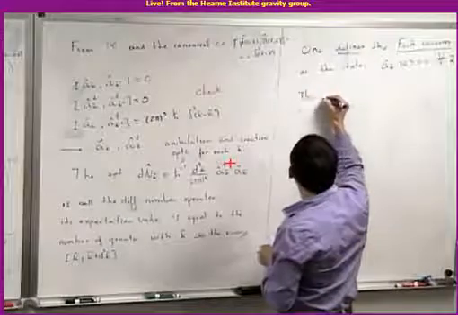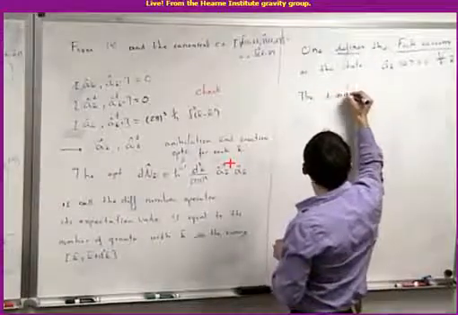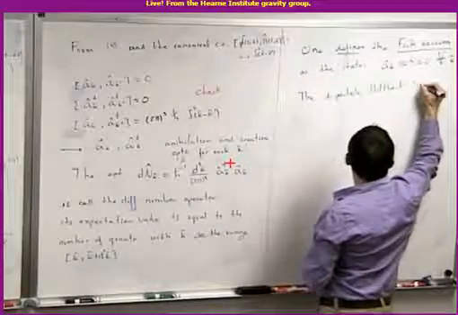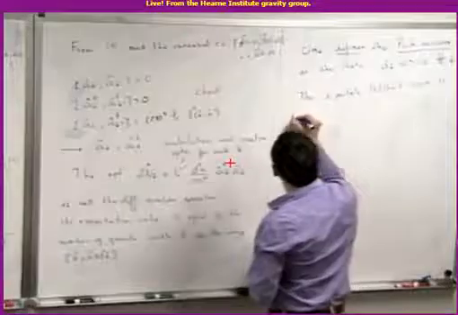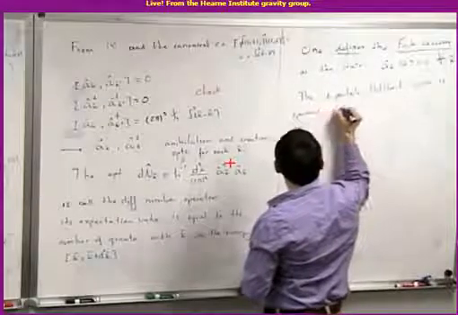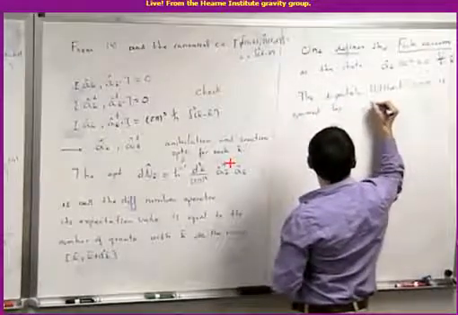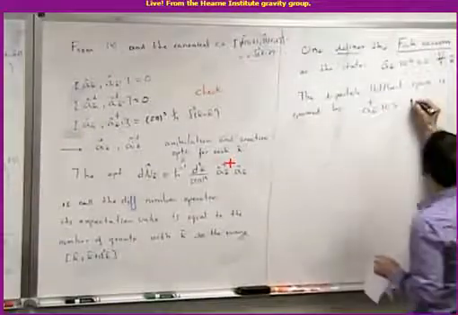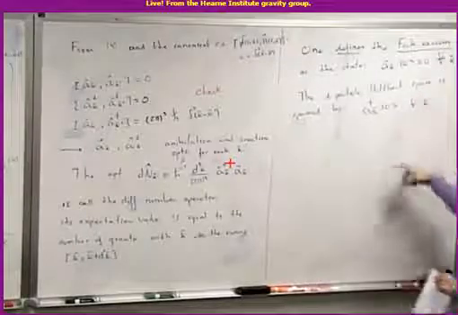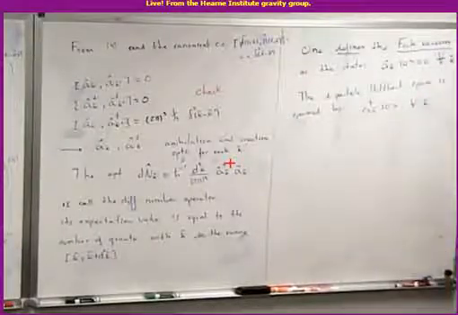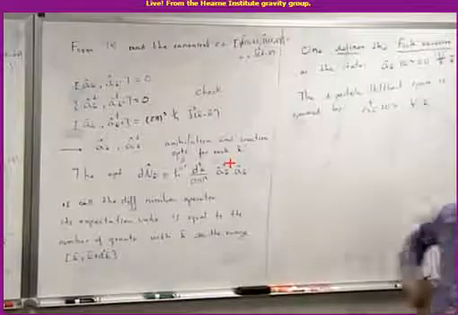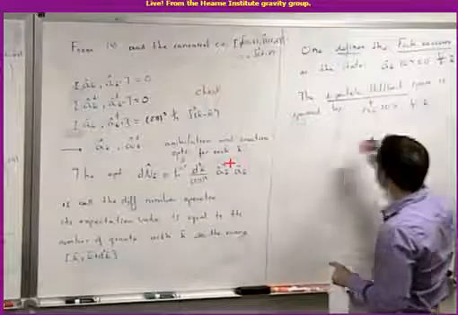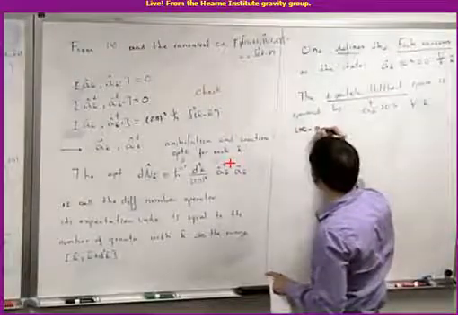The one particle Hilbert space is the space spanned by states with just a single quantum over the vacuum. Take all states of this kind for all possible values of k. You have infinitely many. You take all possible linear combinations, and this is what we call the one particle Hilbert space. And of course, it's infinite dimensional.